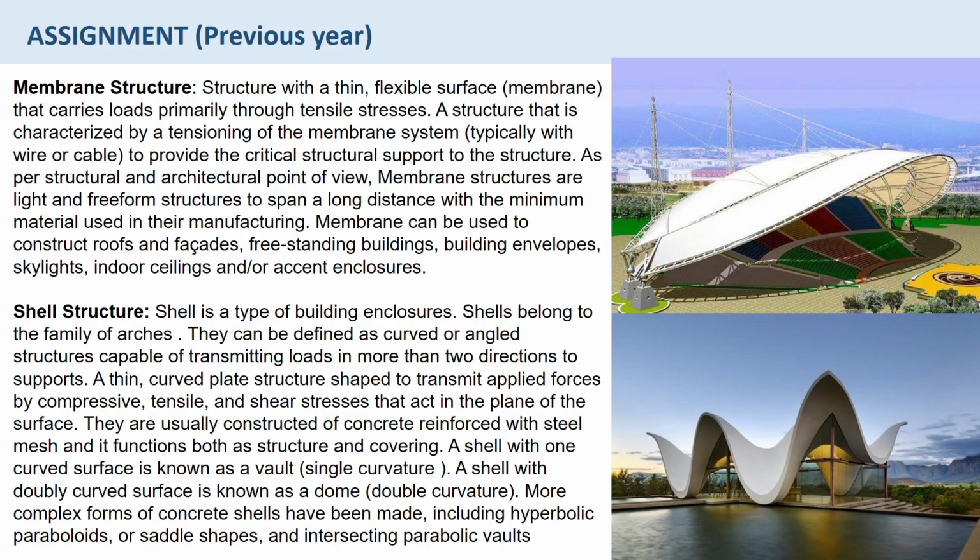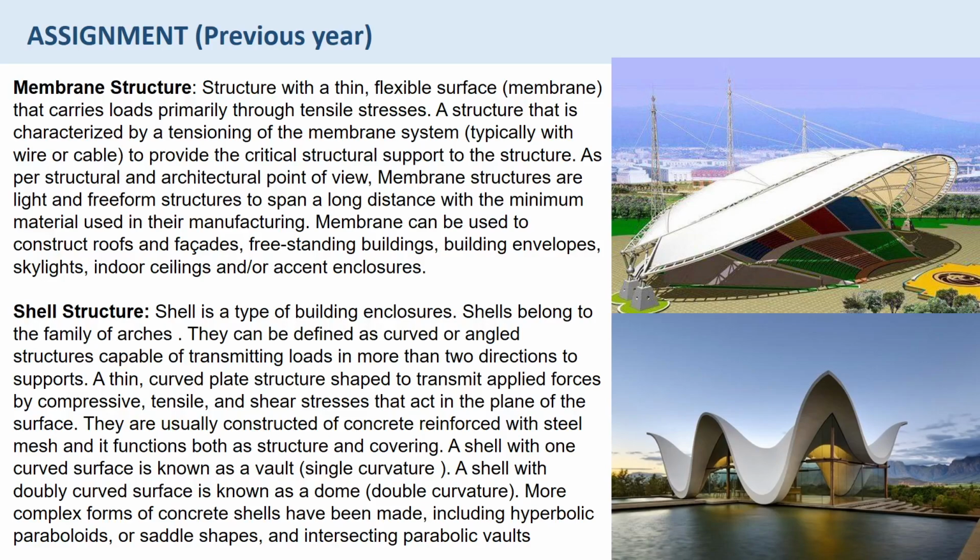Shell structure. A shell is a type of building enclosure. It belongs to the family of arches. Shells can be defined as curved or angled structures capable of transmitting loads in more than two directions to support. A shell is a thin curved plate structure shaped to transmit applied forces by compressive, tensile and shear stresses that act in the plane of the surface.